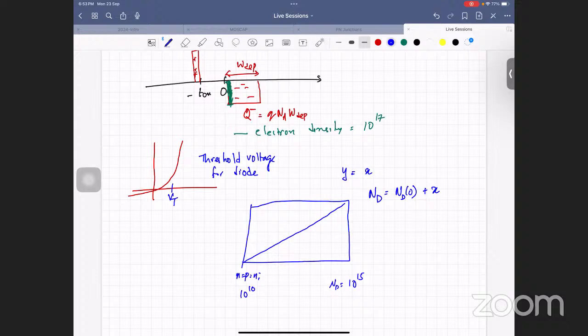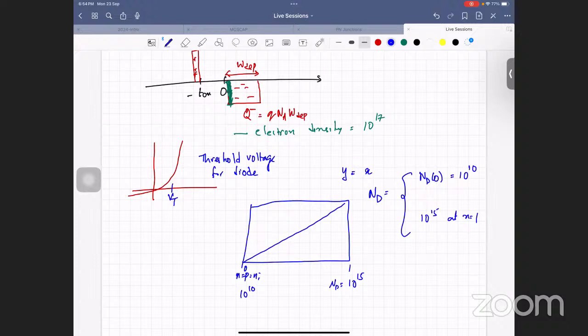So Nd0 equal to 10 power 10, and Nd equal to 10 power 15 at x equal to 1. This is my doping concentration. Units you take, meters, whatever, it doesn't matter.